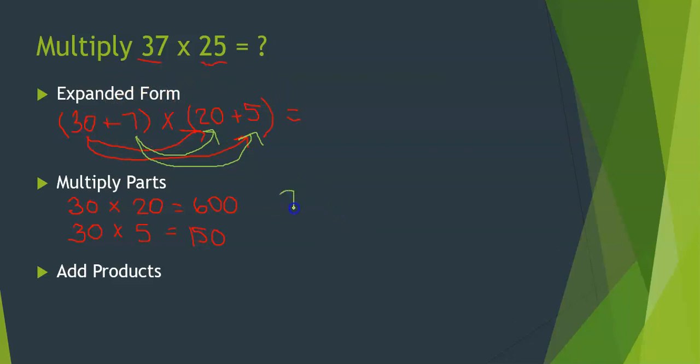So now I'm going to say 7 times 20, which equals 140. Remember, I say 7 times 2 equals 14, and I add my 0. And then I'm going to say 7 times 5, which equals 35.